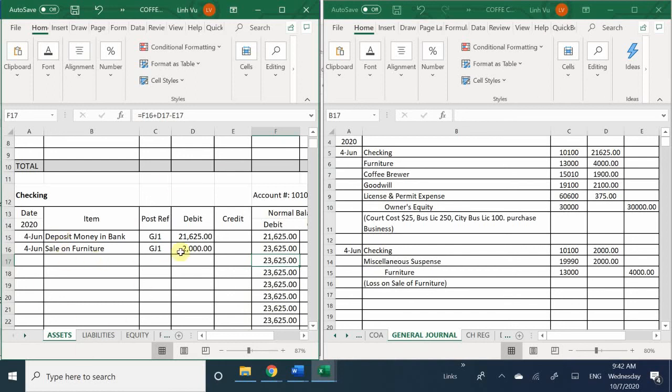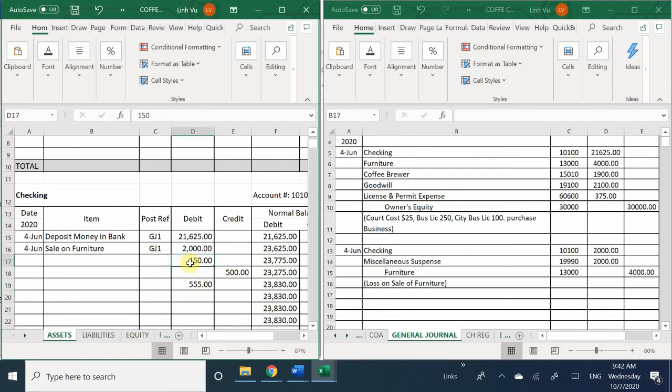Every time I punch in a number, whether it's a debit or credit, say I punch in 150 on my debit side, it will automatically calculate it. If I punch numbers in my credit side, it will subtract it out for me. So this is me speeding up my calculations because I've entered a formula and all I have to do is enter my debit or credit and it will calculate it for me. Every time you enter information, it will update every single cell for you.